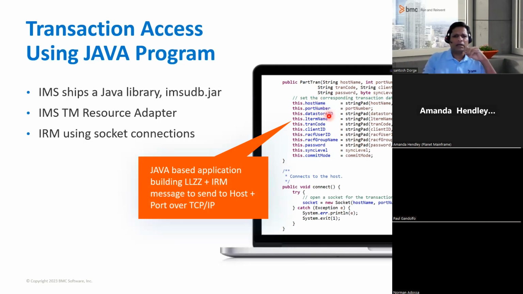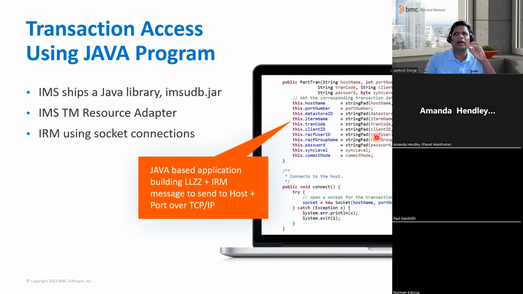So as I showed on the previous slides, one way is to create the IRM in the format of LLZZ data and send it to the IMS Connect port. It can connect to the host and port number, and it will get connected.